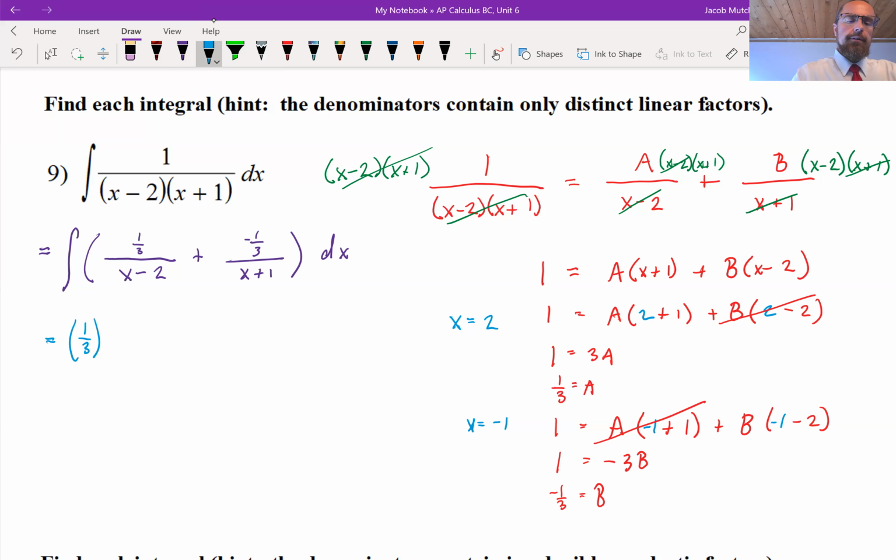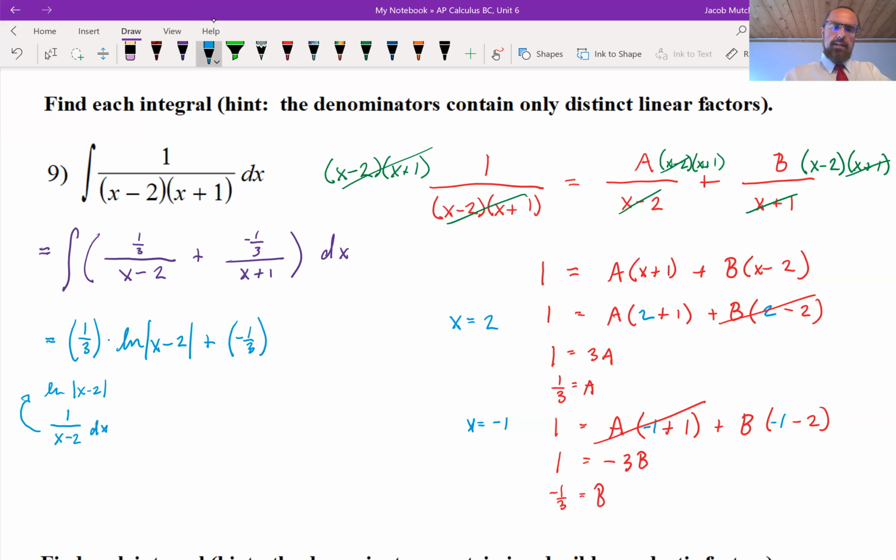So 1/3 times, if I've got 1 over x minus 2 dx, and I'm looking for an antiderivative, that's going to be the natural log of x minus 2. And I'll let the same happen here with my -1/3. I'll let that sit as a coefficient out front.